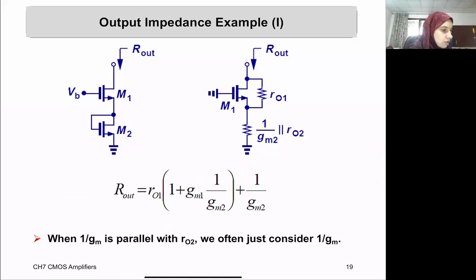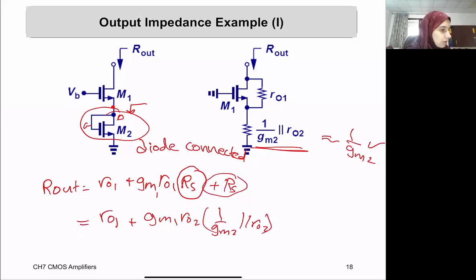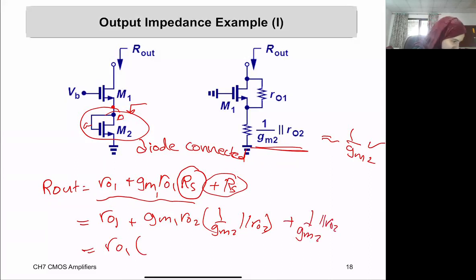Now here they took R out as a common factor from those two terms, and they added the Rs. Then we will be left with 1 plus Gm1 multiplied by 1 over Gm2.